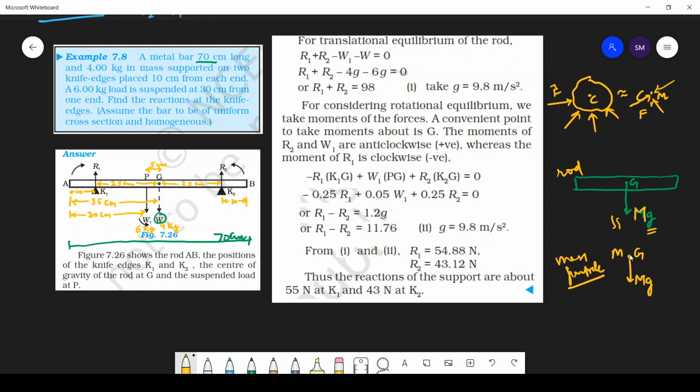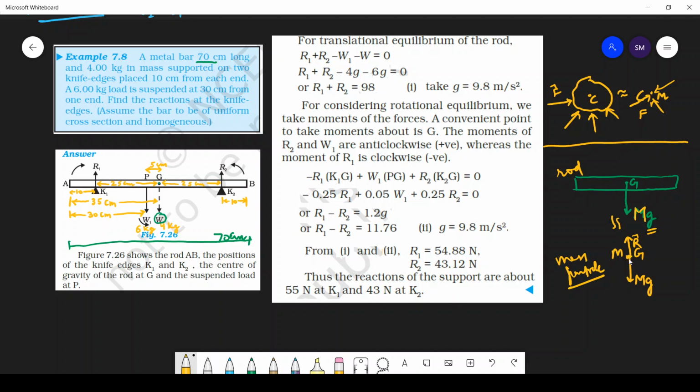Now if I want this point to be stationary, what will I do? I will apply an equal and opposite force in this direction. So I am holding it, and the reaction force will be this R. Got it?